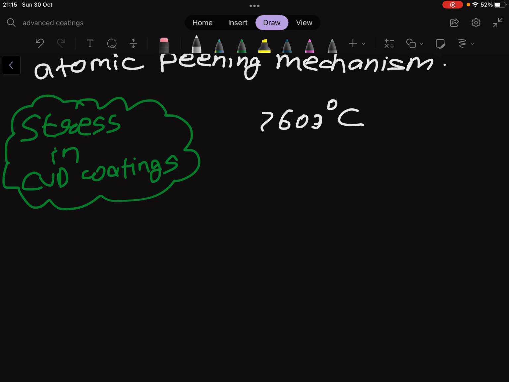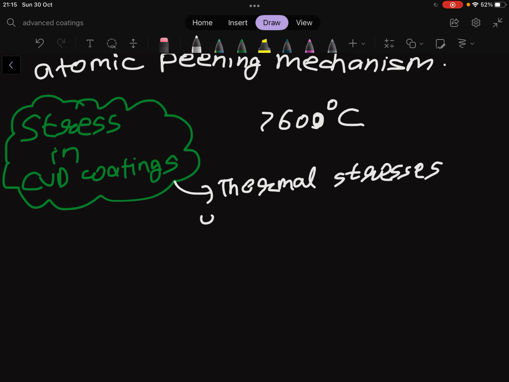So in many cases, thermal stresses are dominant. So we can say sigma f is directly proportional to delta T.